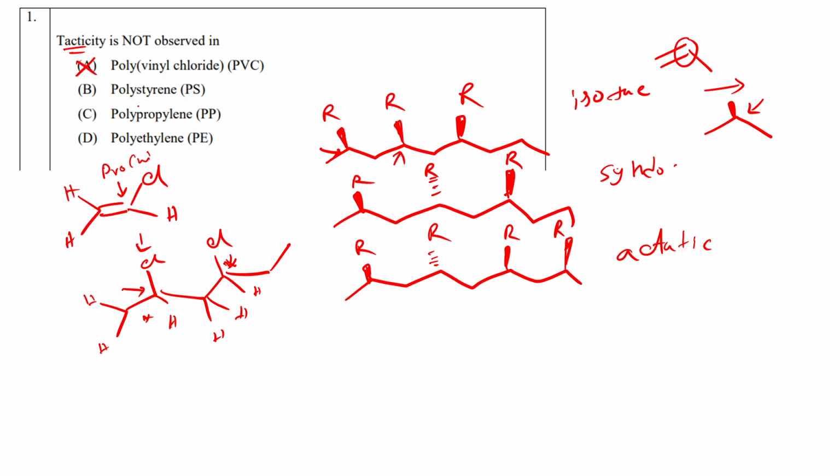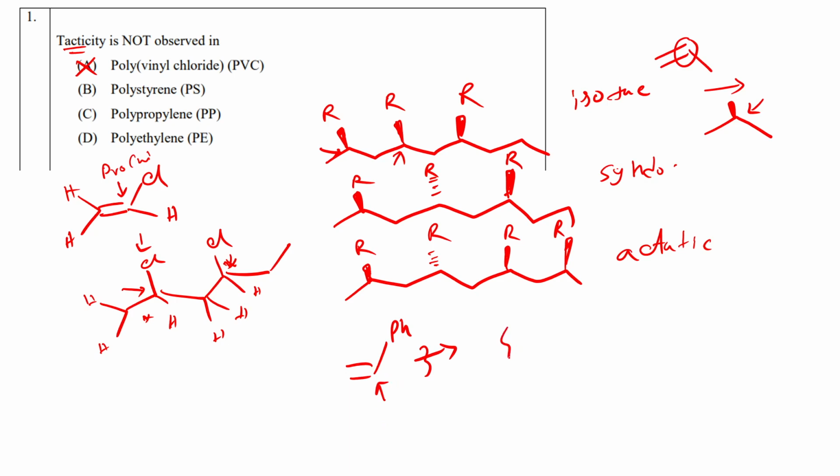Now the polystyrene. There the styrene group will be there, so your monomer would be this way. It's styrene. When you polymerize it, again it is a prochiral center.